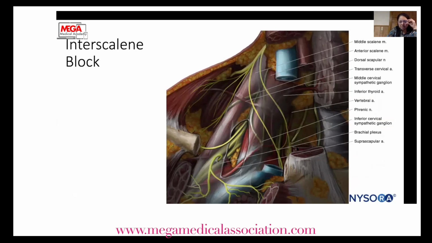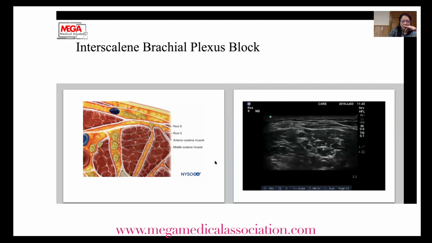So this is another close-up. These are the nerves you block in the brachial plexus, and these are the muscles that sandwich the brachial plexus. So when you do an interscalene brachial plexus block, you put your probe on the patient's neck. In the old days when we used to do the landmark technique, we used to say, find the cricoid cartilage, which is at the level of C6.